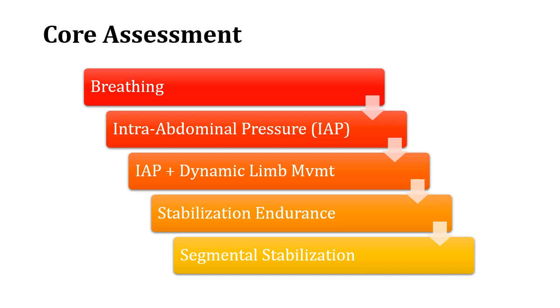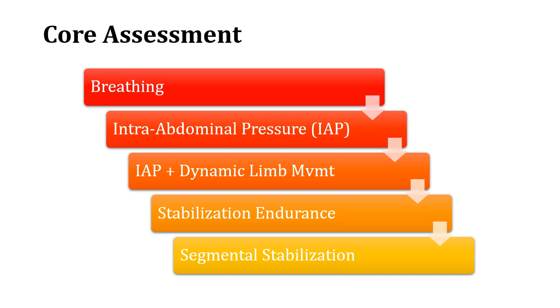And so here's the sequence of core assessment that is endorsed and recommended. Breathing is fundamental. All patients need to be able to do it, and hopefully do it efficiently. Then they need to be able to regulate intra-abdominal pressure while breathing.